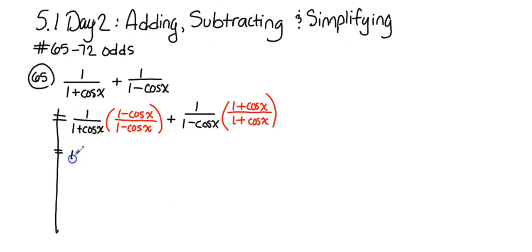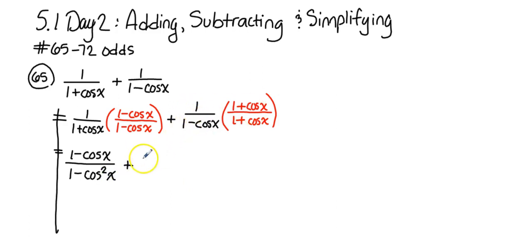1 times anything is just what it was, so this is going to stay 1 minus cosine of x divided by. Now, when we're multiplying the denominators, you technically could use your arrows and do it that way. I'm hoping that when we see 1 plus cosine of x times 1 minus cosine of x, the 1 plus and then the 1 minus, it jogs our memory of the difference of squares, and we are comfortable immediately writing 1 minus cosine squared of x.